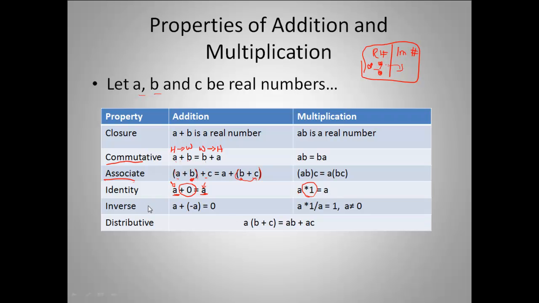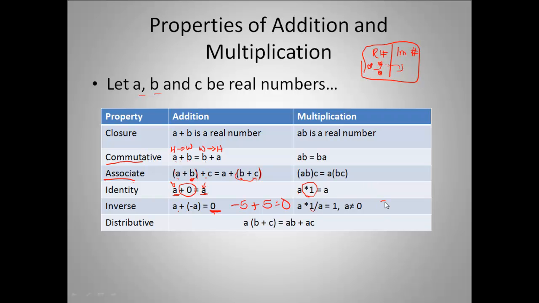Now our inverse, a lot of times inverse is closely related to the term opposite. For our additive inverse, it's saying if I take a number and add its opposite, I'm going to get that identity number back. So if I take -5 and I add its opposite, I'm going to get back my identity. I'm going to get back that 0. Now with multiplication, it's slightly different.